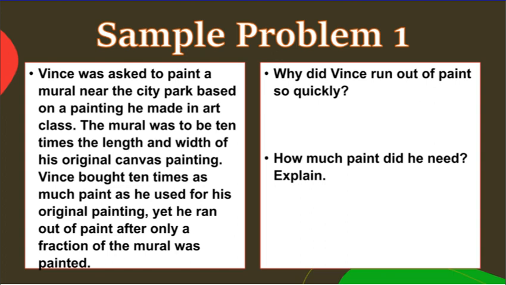So he had a scale factor of 10 when he really needed a certain amount to cover 100 times. The area is 100 times the area of the canvas that he used. So why did he run out? He used the wrong scale factor.